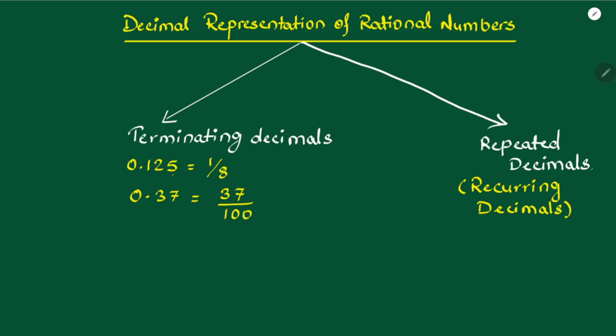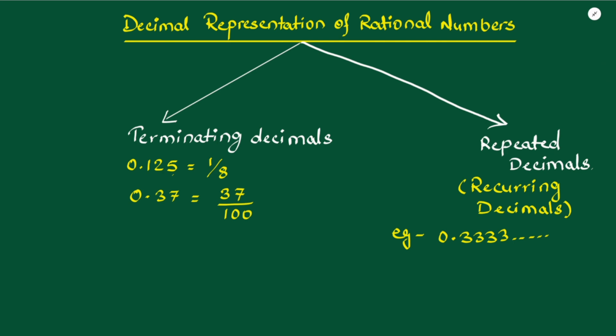The repeated decimals are often called recurring decimals. That is because of their nature. For example, I can write 0.3333 and so on. Unlike terminating decimals, repeated decimals or recurring decimals do not end at a particular digit after the decimal.